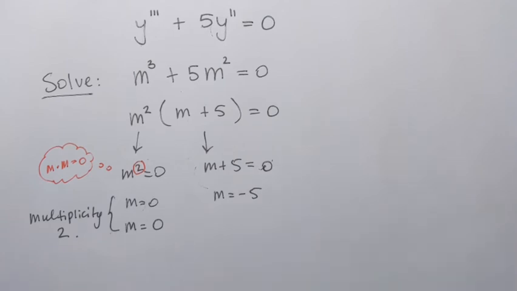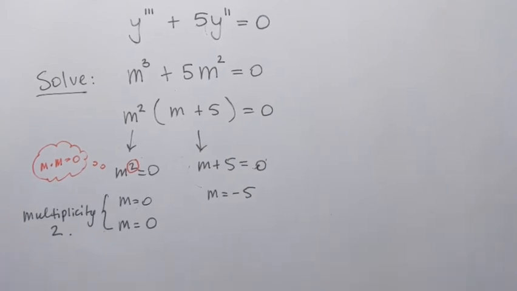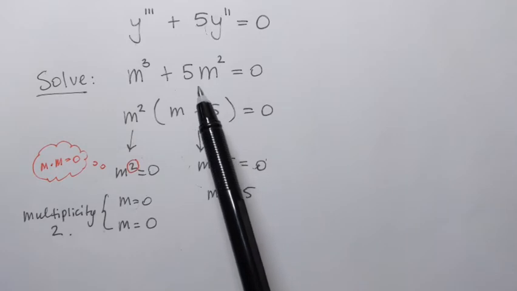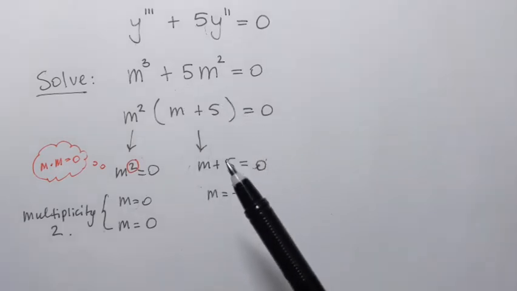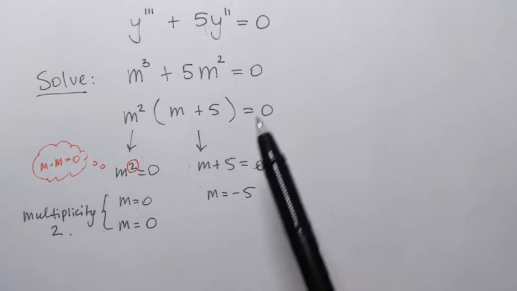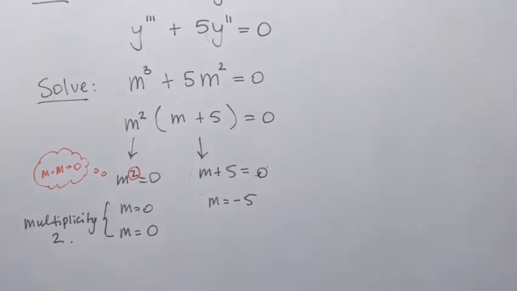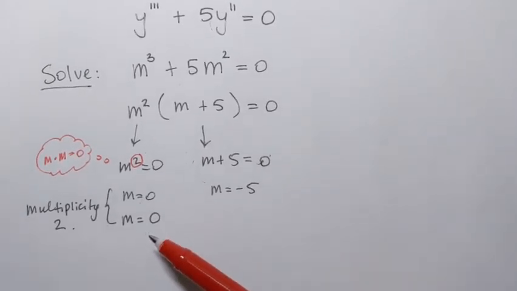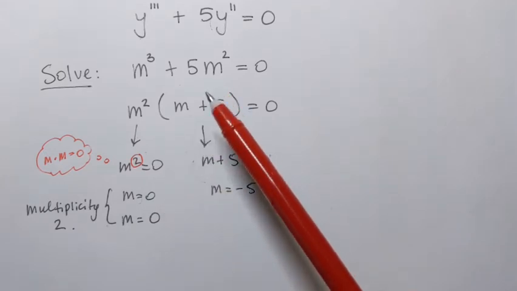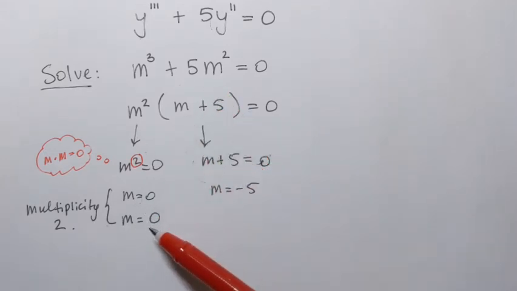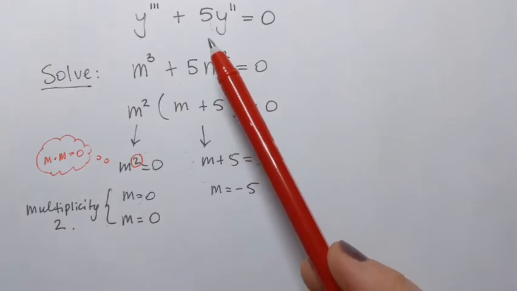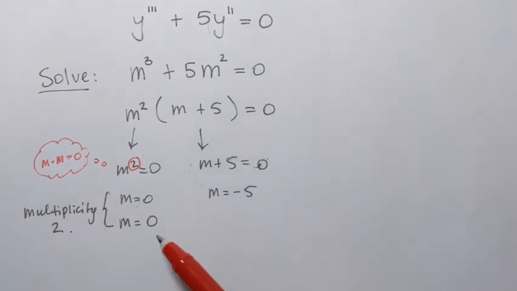Now, what do we do with them? Once we find solutions to this characteristic equation, it will help us to obtain linearly independent solutions of our differential equation. So each solution of the characteristic equation produces one linearly independent solution of the differential equation. So let's see how they're going to look. For the first case, we have repeated roots, right? We have m equals 0, m equals 0. These are repeated roots.